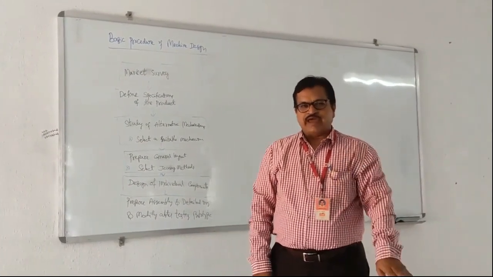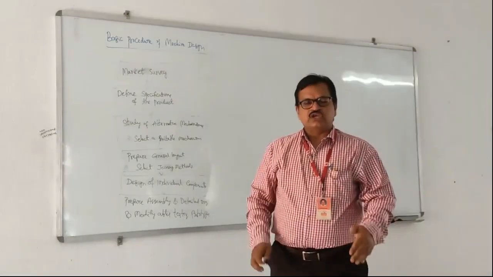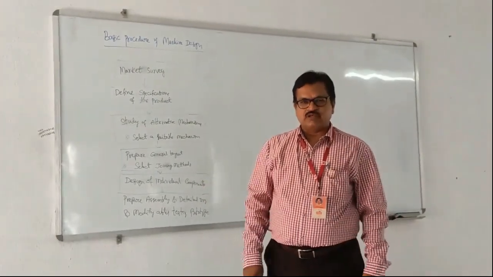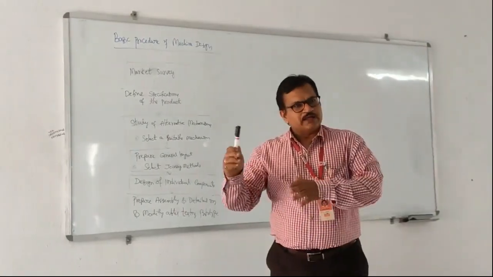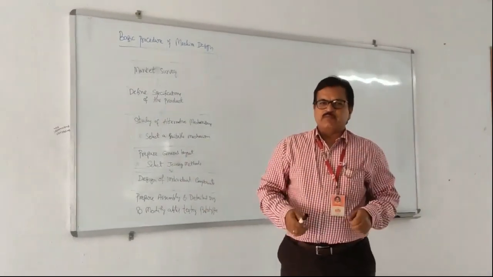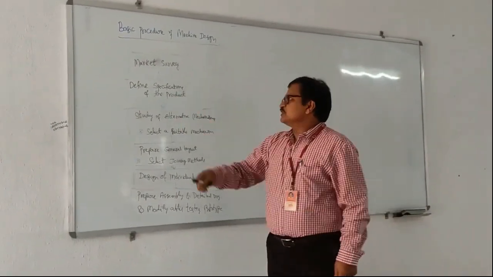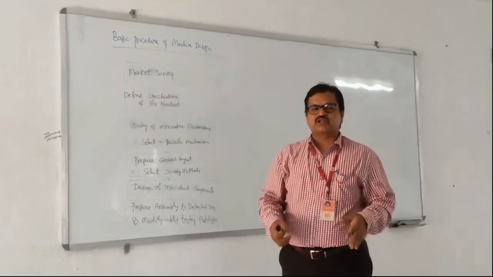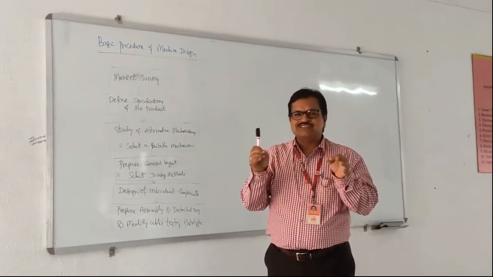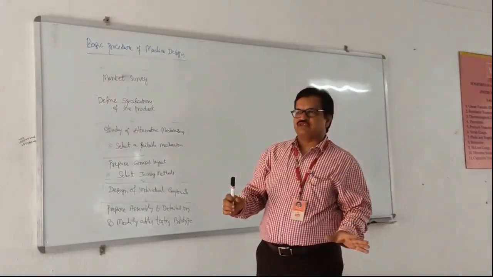It should carry 100 or 120 kgs. It should have this much dimension. Its weight is less than 100 kg. And different braking systems. So all these are called specifications of the product. If you are going to launch the product, it should have these minimum qualifications or these minimum specifications.